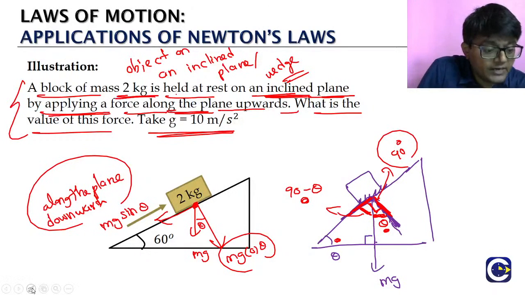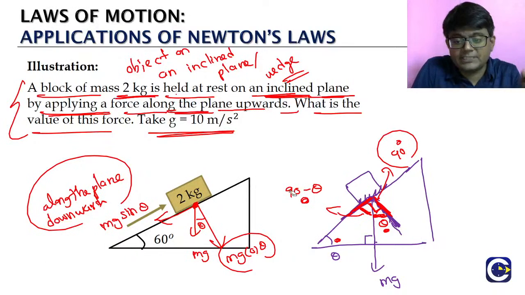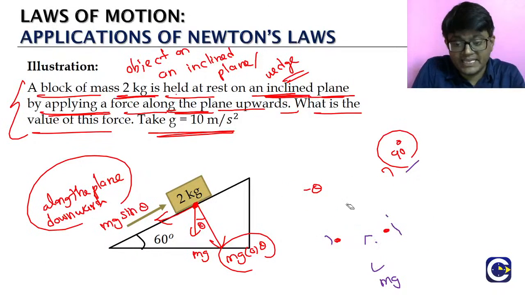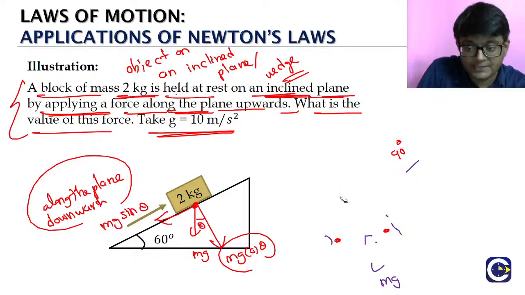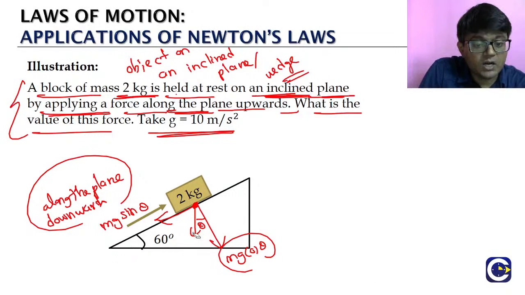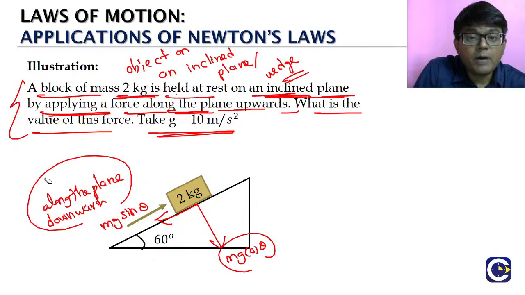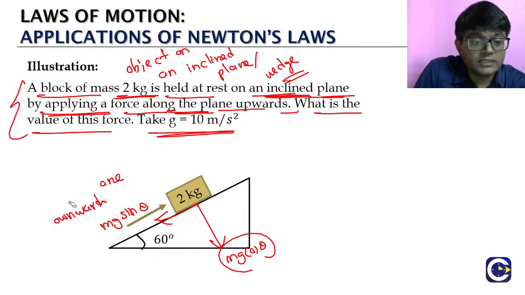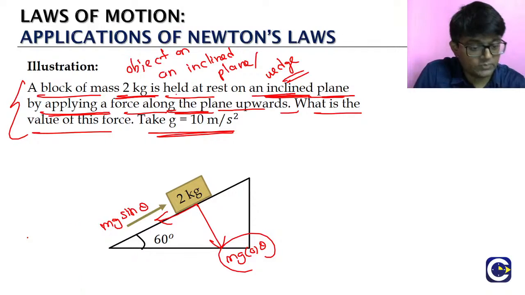Whenever we have an object on an inclined plane, we can straight away take the component of the weight along the plane downwards as mg sin theta and the component perpendicular to the plane downwards as mg cos theta. Here theta is the angle of the inclined plane.